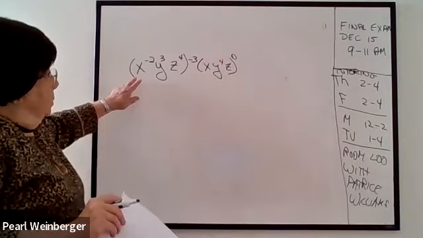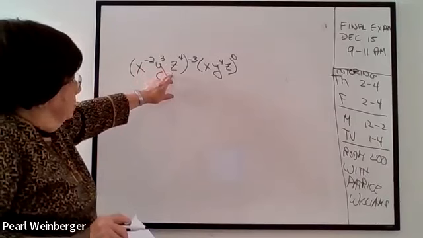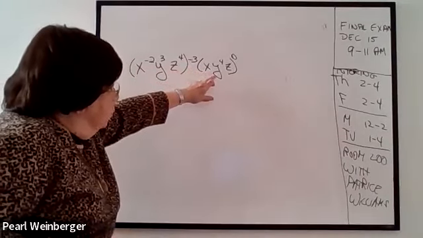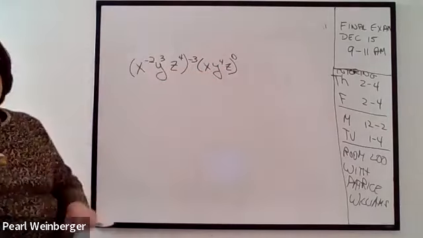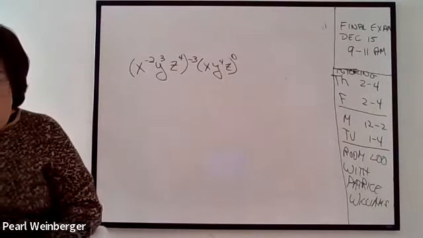It's x squared, x to the negative 2, y to the third, z to the fourth, all to the negative 3 power, times x, y to the fourth, z to the 0 power. I'm going to give you a minute to try that, see if you remember what we did with that.